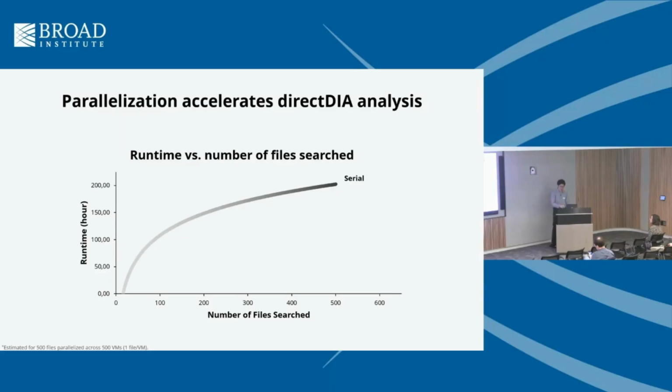This curve is the serial workflow, where we're searching things in a sequential manner, and this is the curve for parallelization. We're achieving a 6 times faster runtime when searching 500 files. This gap only grows because the serial workflow grows exponentially, while the parallel workflow curve is relatively flatter than the serial one.